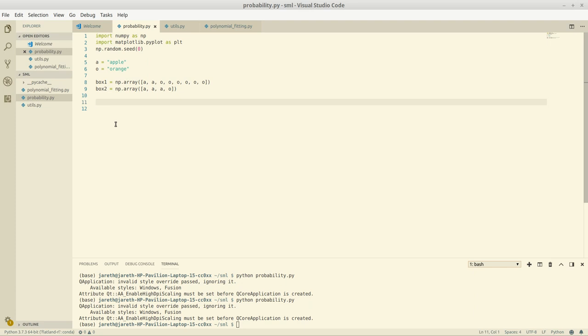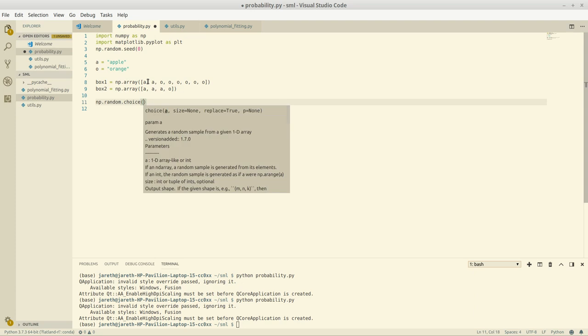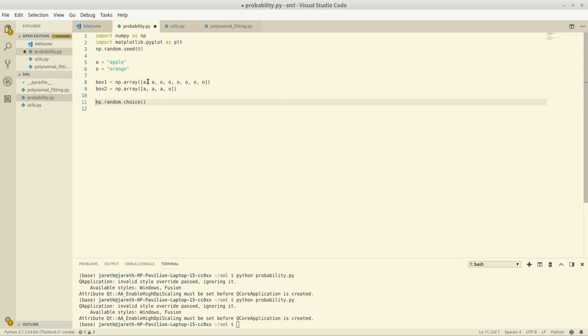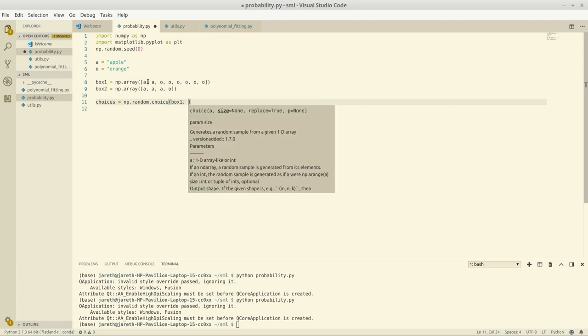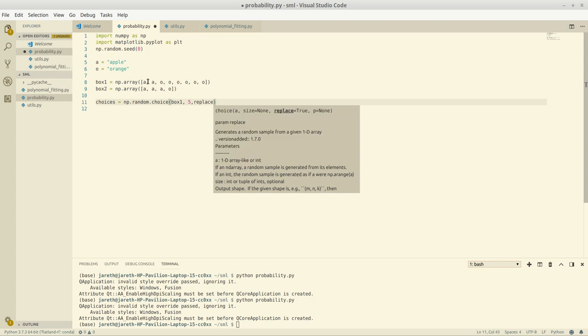So what Python gives us is a way to randomly choose from a box. We can use numpy, its random module, random.choice. Let me create a variable here called choices. So if we do numpy.random.choice from box 1, and let us choose 5, and set replace to be equal to true.